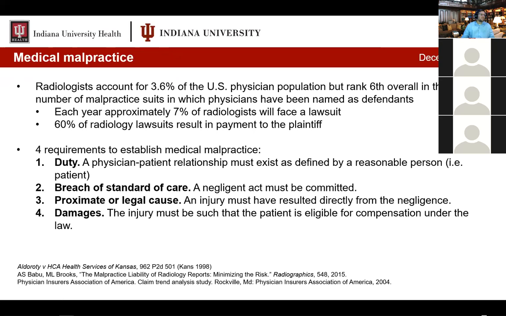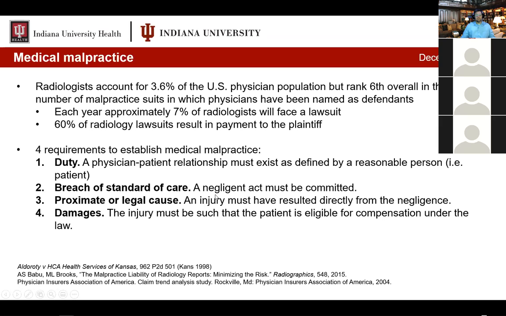But there are 4 requirements to establish medical malpractice. The first is duty. A physician-patient relationship must exist, and it has to be defined by a reasonable person. Again, getting back to what we talked about earlier, that reasonable person is defined by the patient, not the medical professional. There has to be a breach of the standard of care.